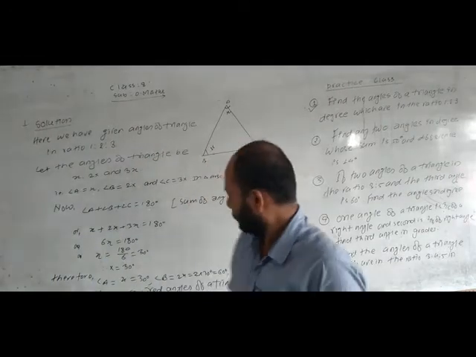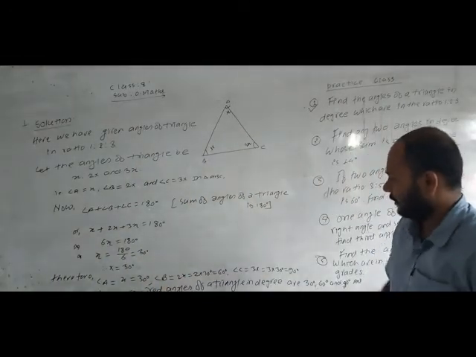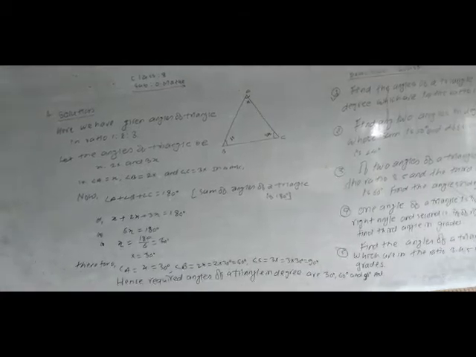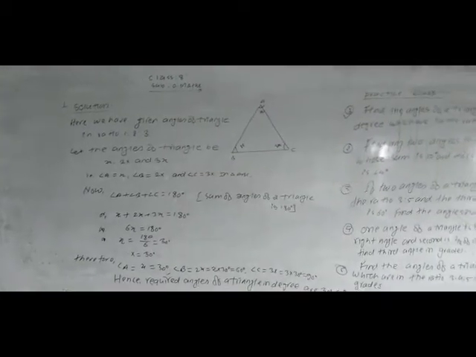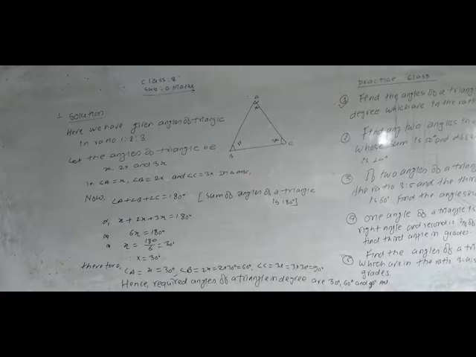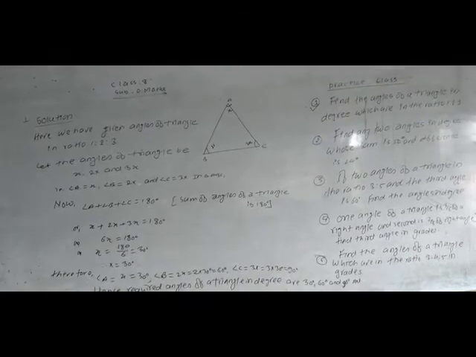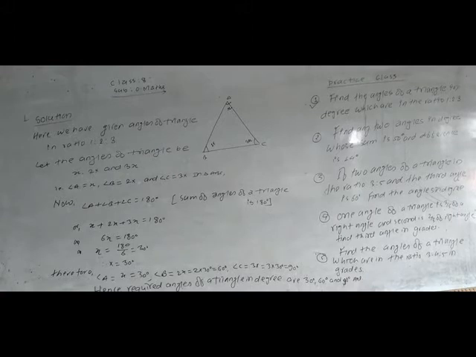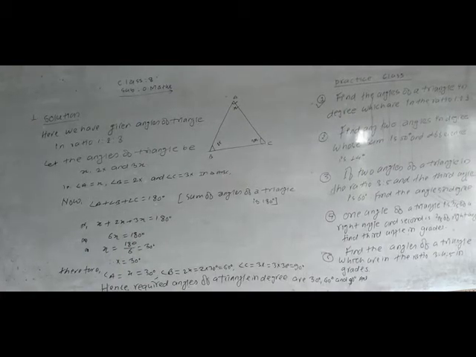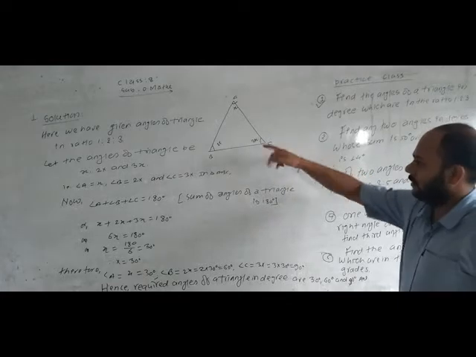We have 30 degrees, 60 degrees and 90 degrees. These are all the required angles of the triangle in degree measurements. In this way, we easily find the angles of the triangle in degrees.